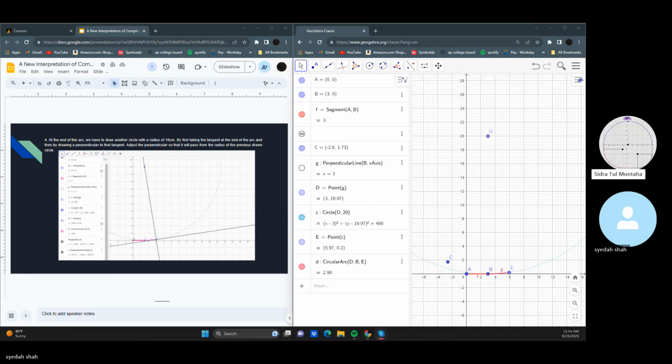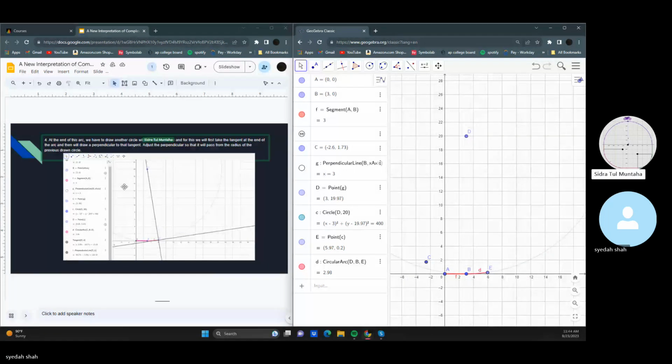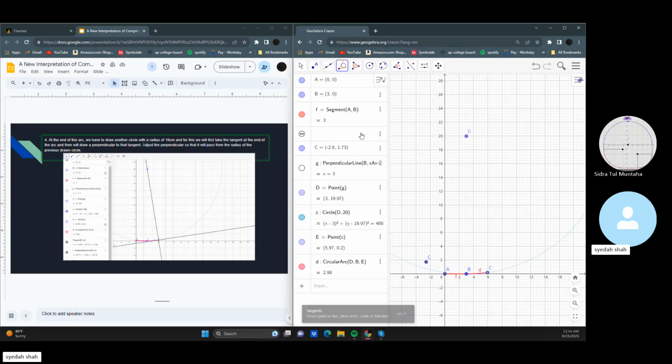Then I guess it's fine now. Oh, that's very smart, because now you don't have to go back and forth switching tabs. Yes, switch tabs. Okay, let's take the tangent.